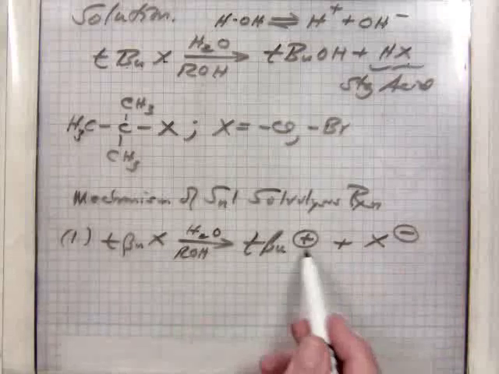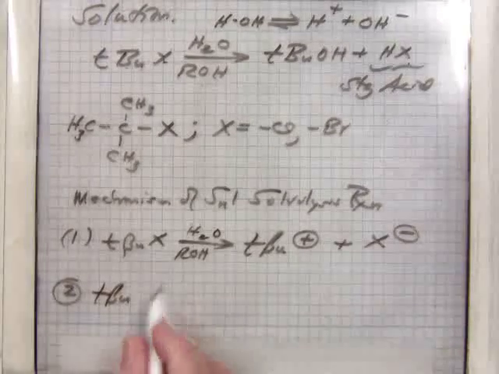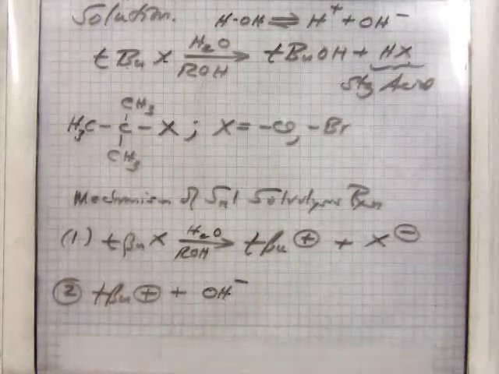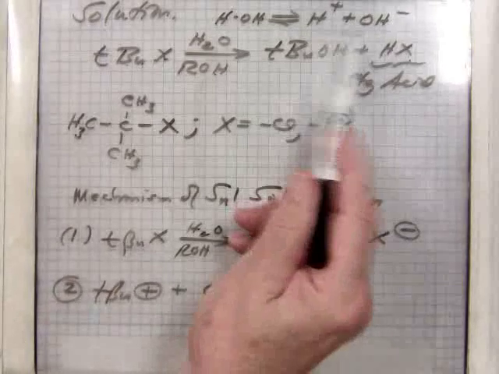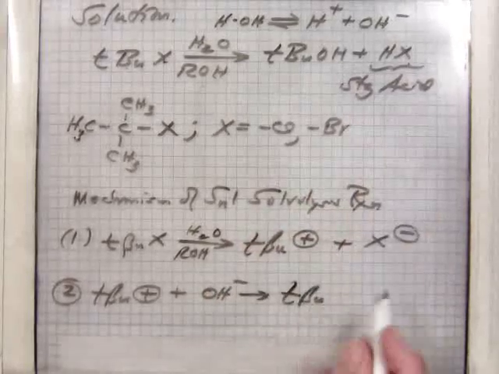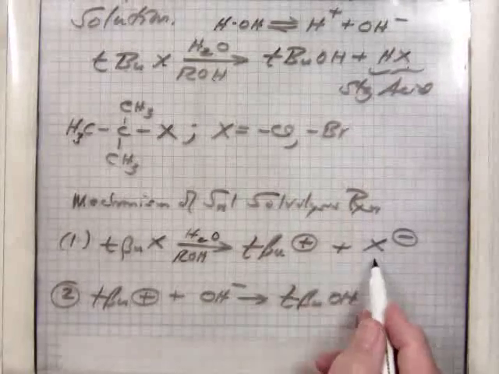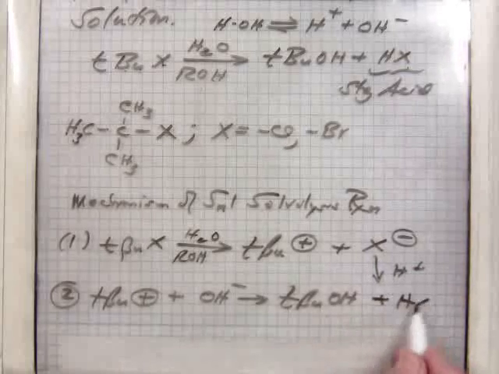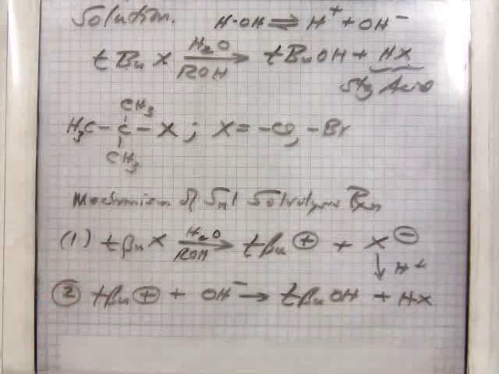Then in step 2, the T-butyl cation interacts with the hydroxide from the water ionization that we showed you back up here and produces the T-butyl alcohol, and then the hydrogen hooks up with the X and we get the HX right there. It is a two-step reaction process.